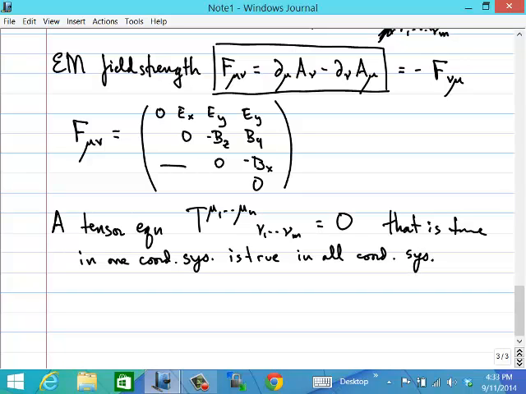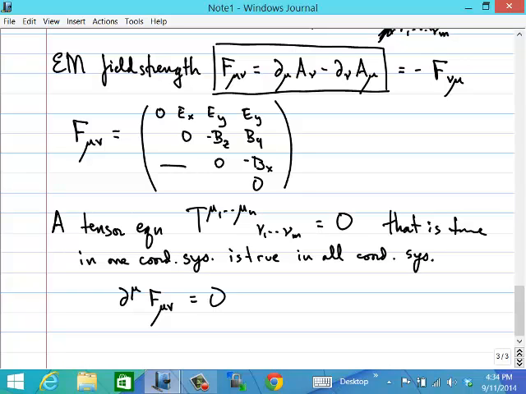For example, Maxwell's equations take the form d mu F mu nu is equal to 0. That's a tensor equation, and you'll check that it gives you half of Maxwell's equations.